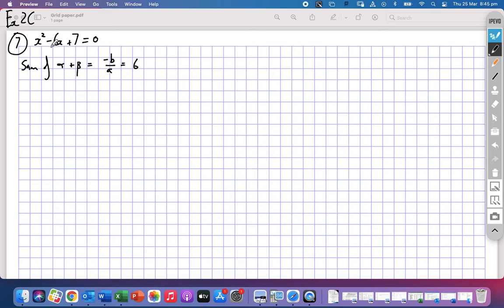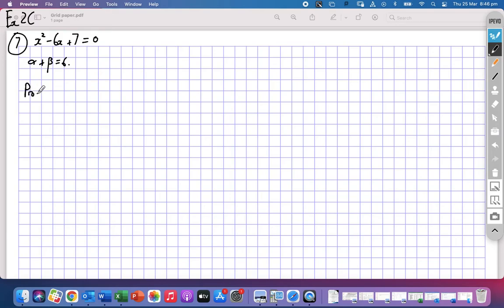If the b is minus 6, minus b is positive 6, right? So really what we're getting is that alpha plus beta equals 6. That's coming from the sum of roots.